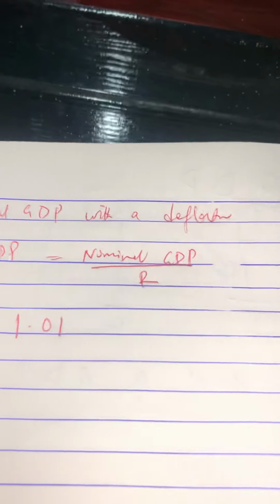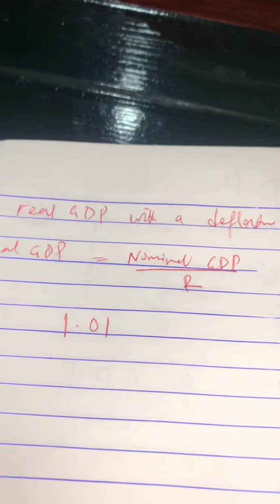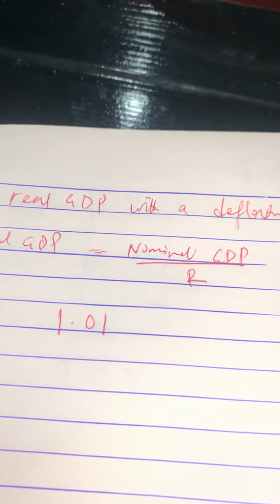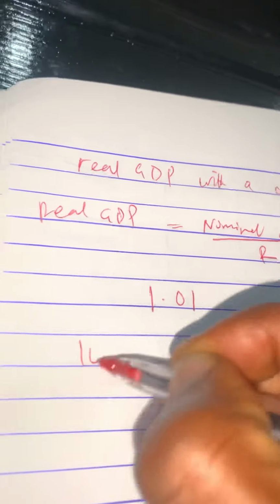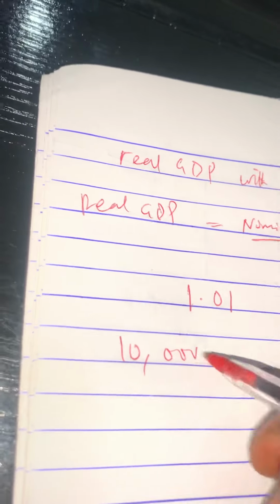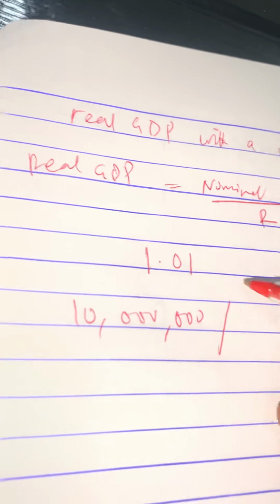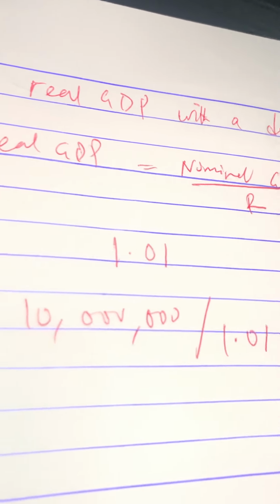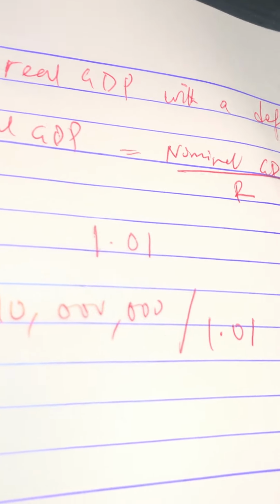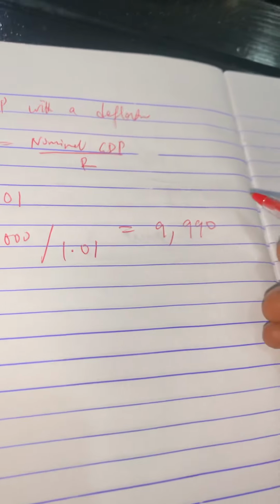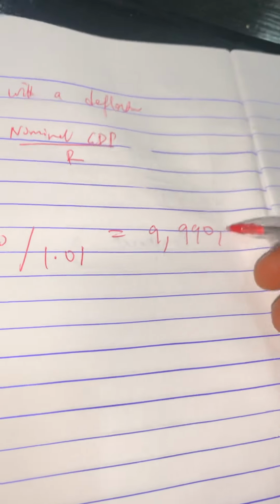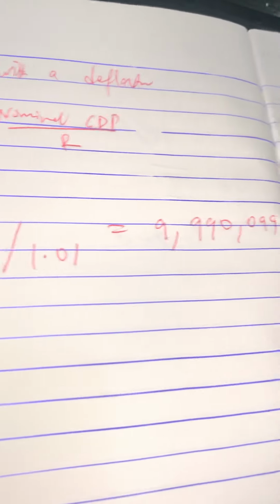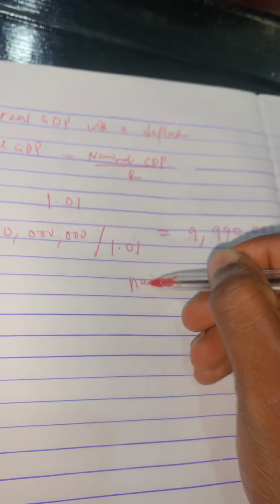If the nominal GDP was 10 million naira, then the real GDP is calculated as 10 million divided by 1.01, which will give us a total of 990,000, and the currency is naira. We're all using naira. That's the currency. So this is how to calculate it.